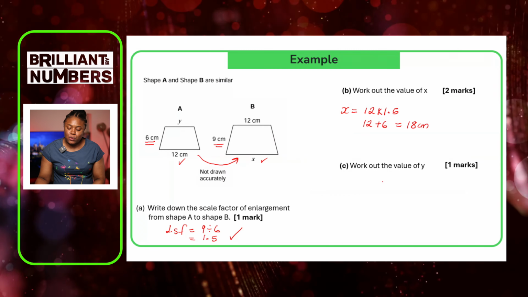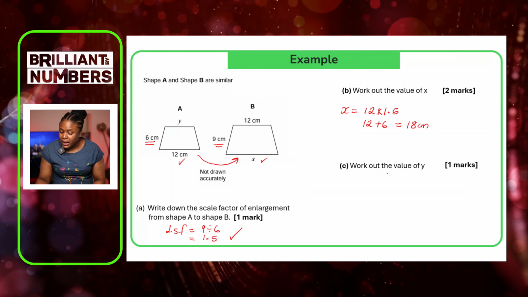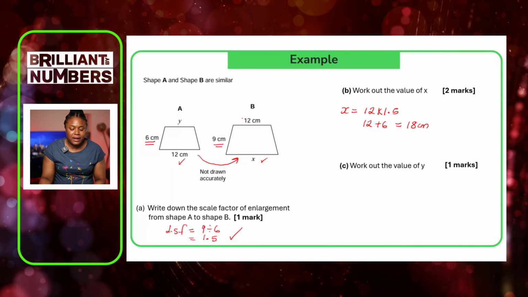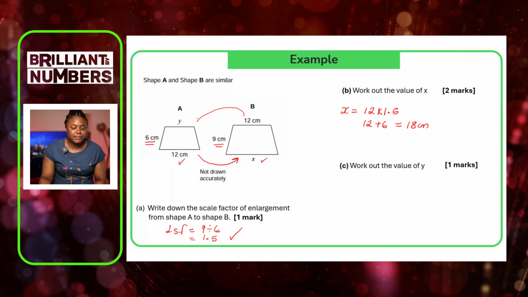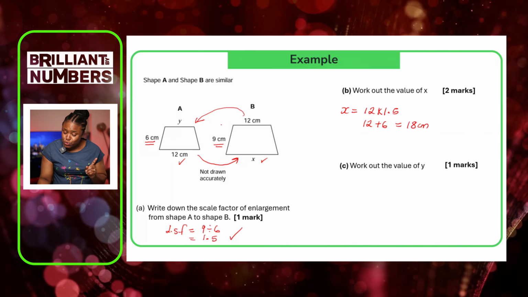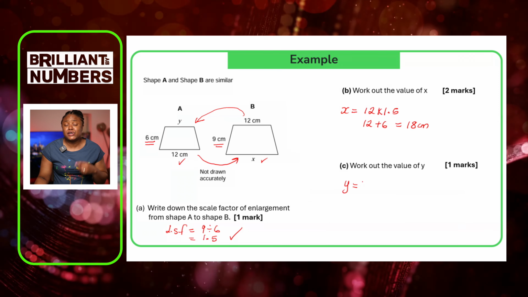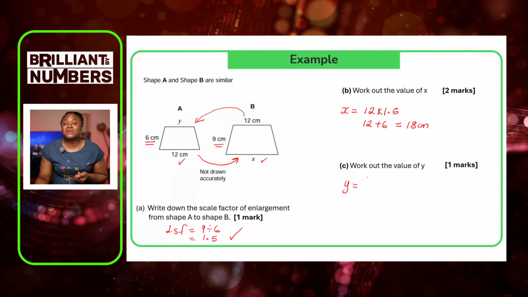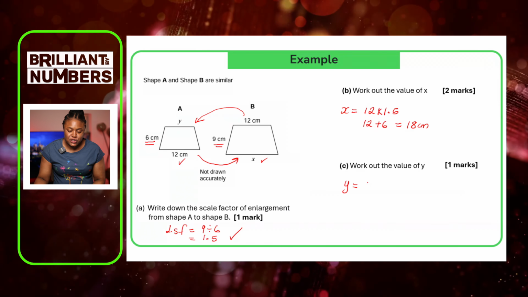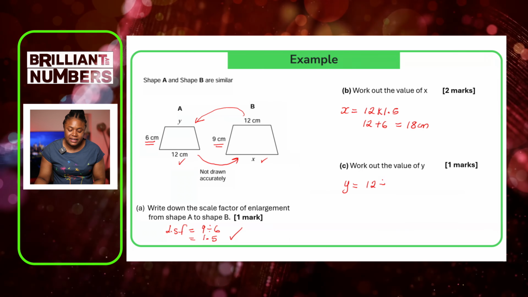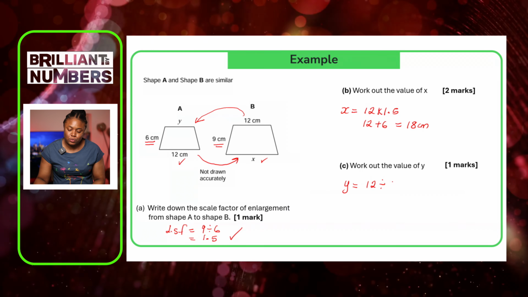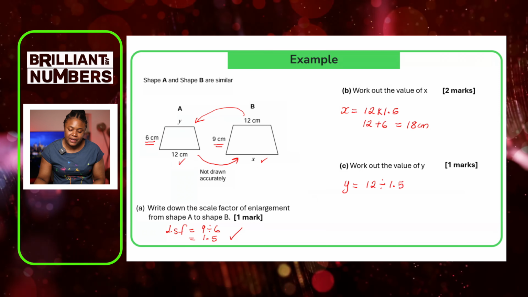Now I also want to work out the value of Y. I can see that 12 corresponds to Y, but I'm getting smaller. So therefore, Y would be equal to, because I'm getting smaller, I now need to divide. So it's going to be 12 divided by my linear scale factor, which is 1.5.